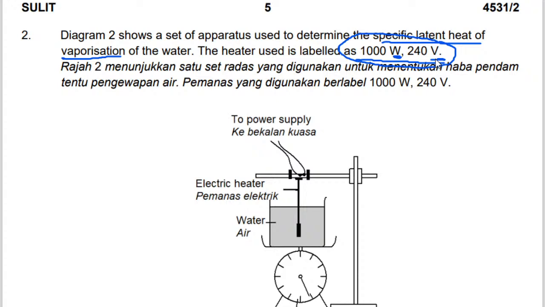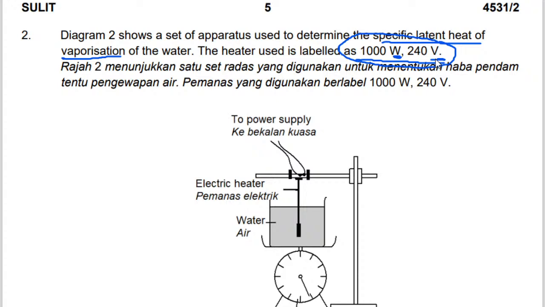1000 joule, I'm reading Zheng Yang's answer. 1000 joule of energy is dissipated per second when connected to 240 volt power supply. Jiaming, 1000 joule is released in 1 second when connected to 240 volt power supply. Chloe, rate of energy dissipated is 1000 joule per second.